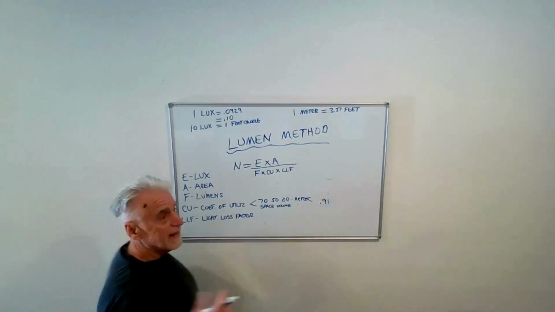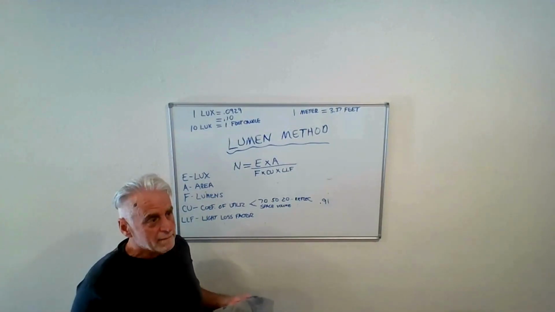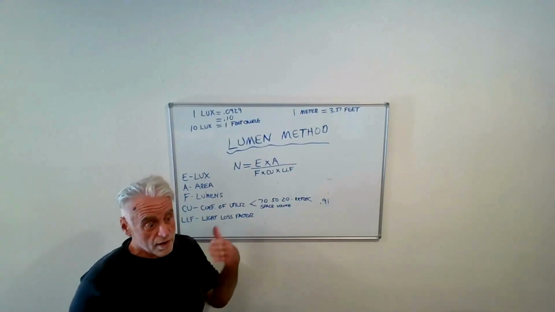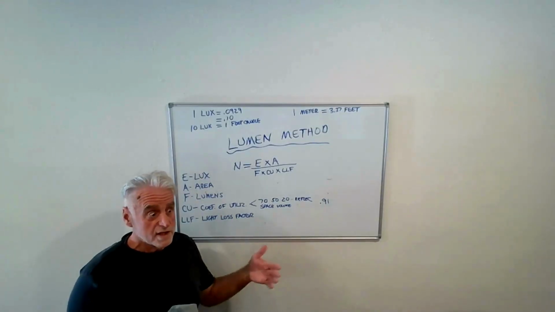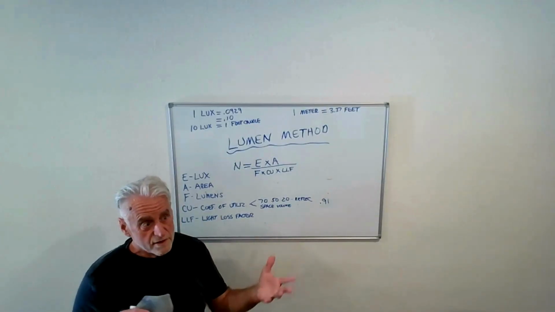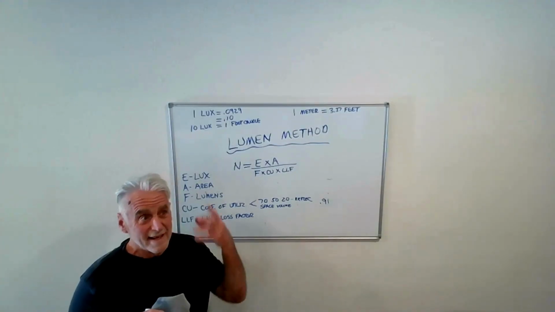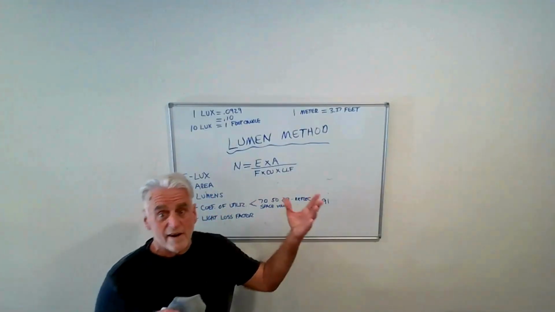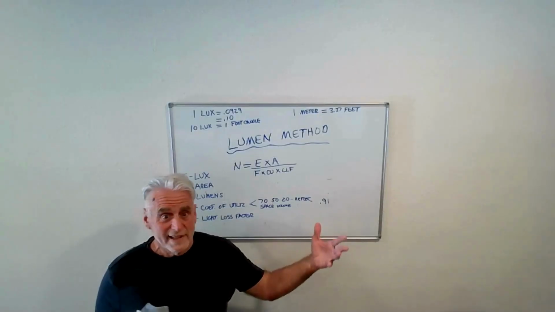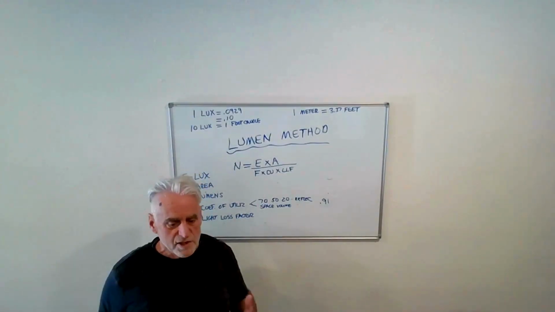Light loss factor, that's taking into account everything from your lamp lumen depreciation, your lamp dirt depreciation, the dirt in your environment, ballast factor, the driver factor for an LED. Are you installing these in Arizona where it's going to be 105 degrees midday, and it's an exterior fixture?